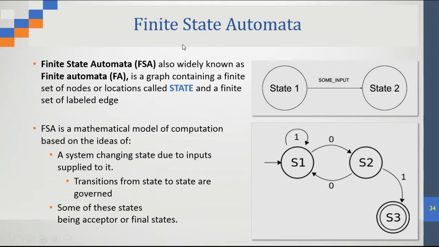So we consider the system as states. As we said, it is a graphical presentation containing a finite set of nodes or locations, which are called states. So for example, this is a state machine.